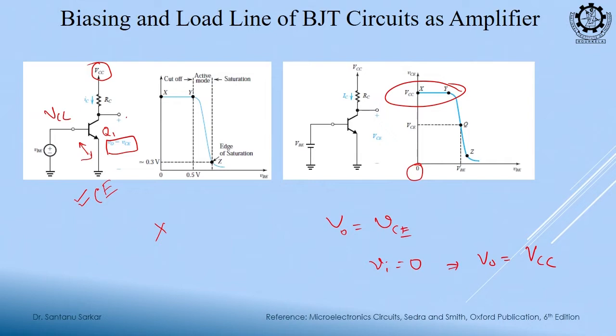The voltage is maximum, so the current should also be at maximum level. If maximum current is flowing through this, this voltage will go to minimum. If no current is flowing through this, the drop is 0, this voltage goes high.